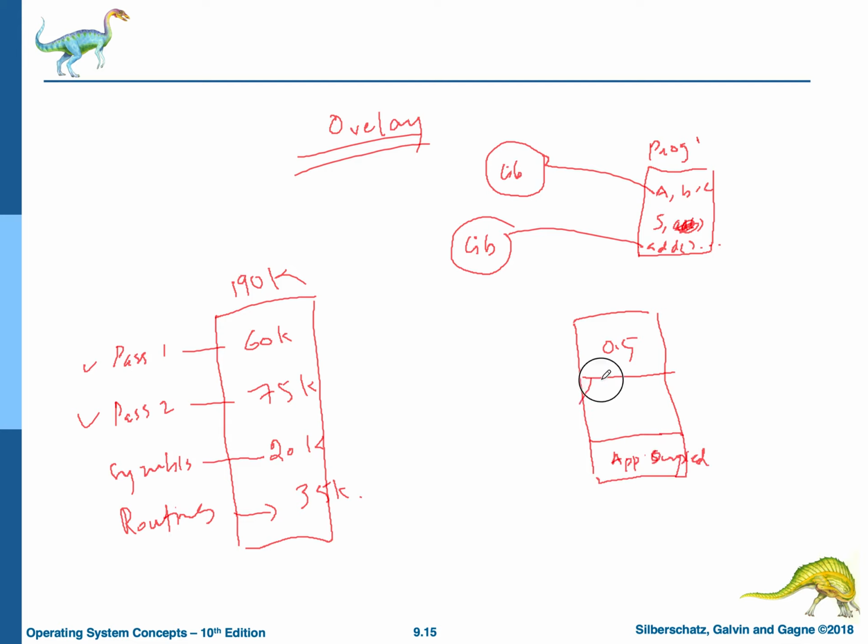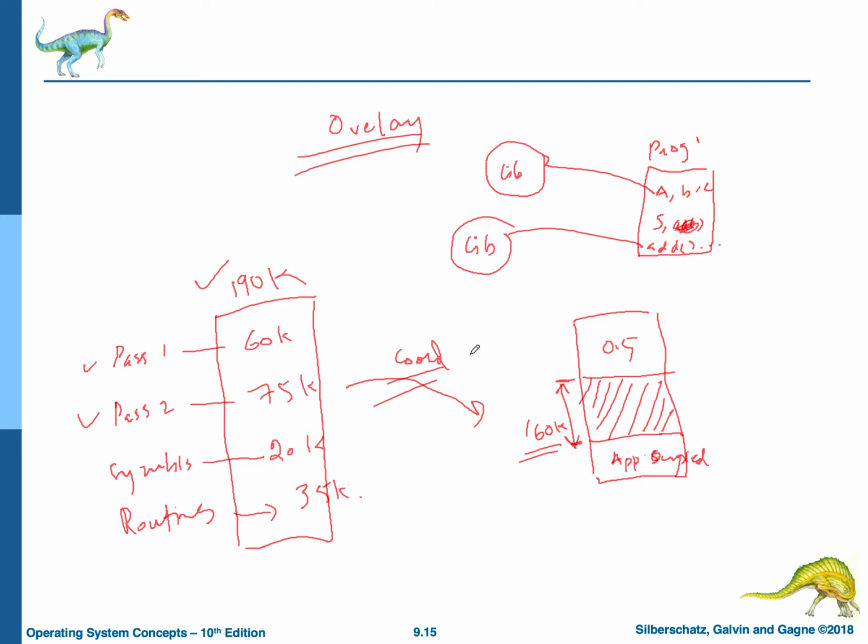Now we have only this space available here, maybe only 160k, while we need 190k. So we cannot normally load this program into the memory, because we don't have enough memory in the main memory. So this program will be crashing all the time.